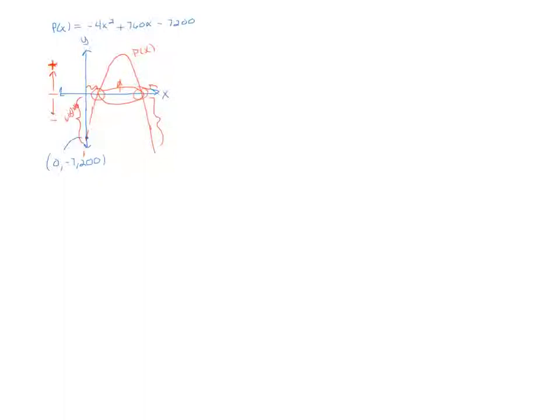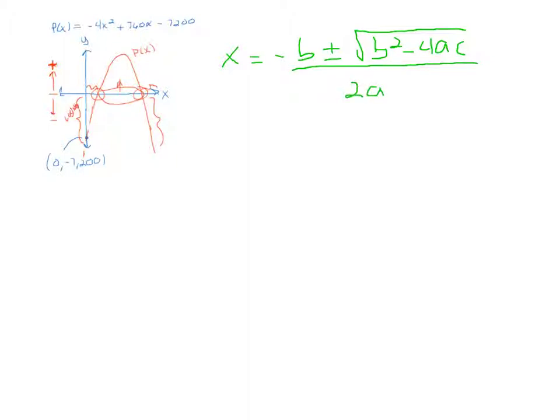So first, let's find the x-intercepts, and we can do this using our quadratic formula. Let me change the color of my ink. x is equal to minus b plus or minus the square root of b squared minus 4ac, all divided by 2a.